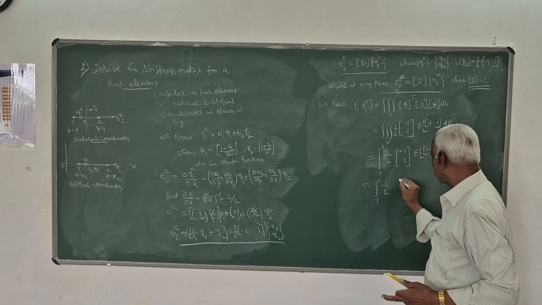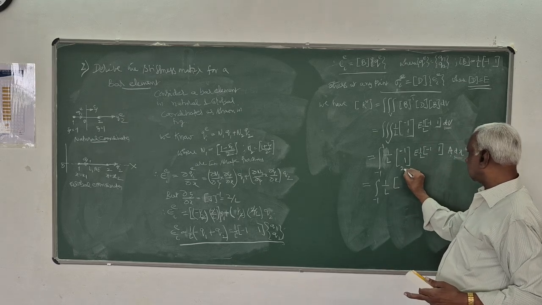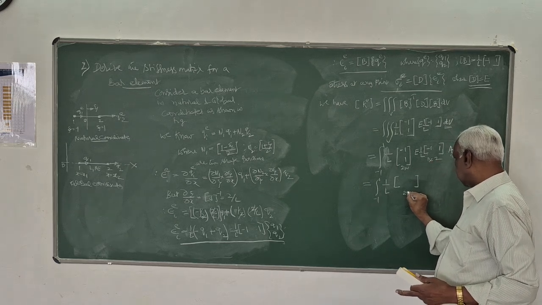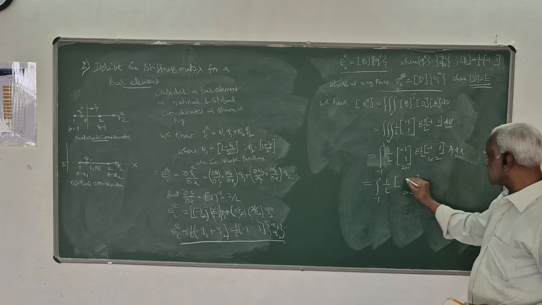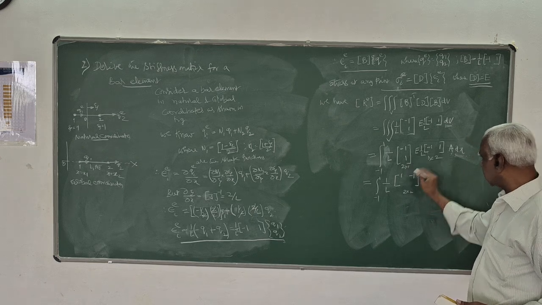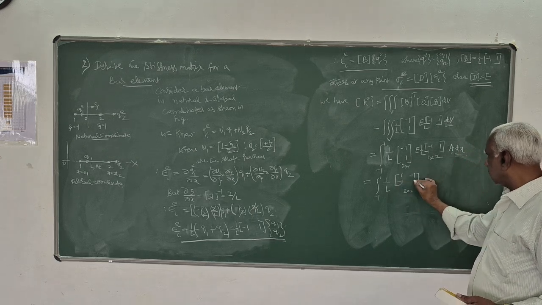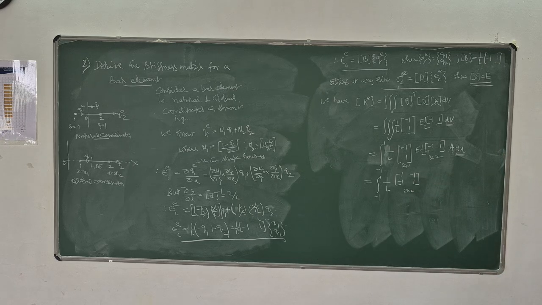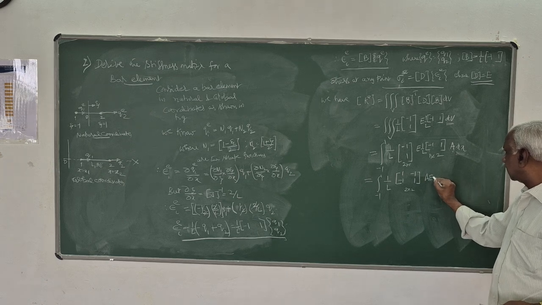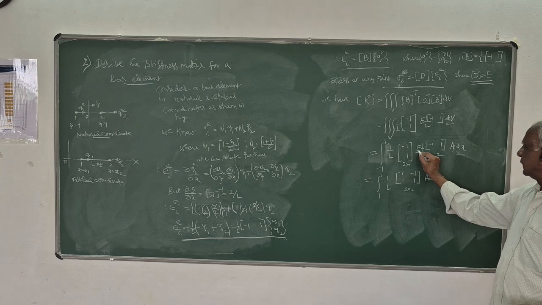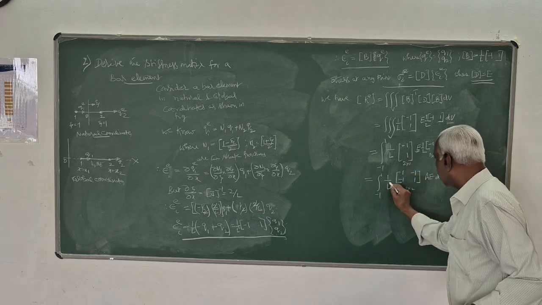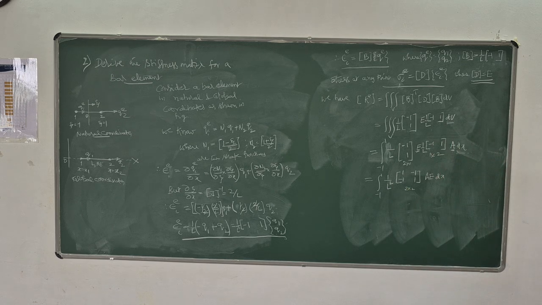This is a 2 by 1 matrix times a 1 by 2 matrix, so it will be a 2 by 2 matrix: 1, minus 1, minus 1, 1. Into A, E, dx, with 1 by L square.